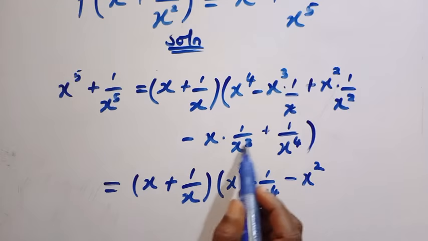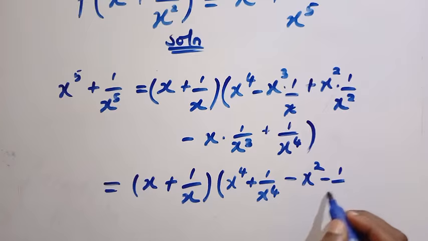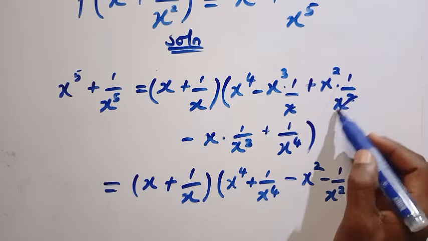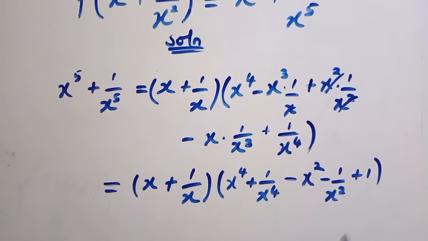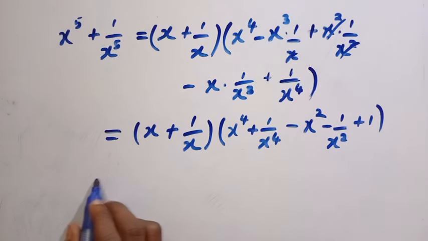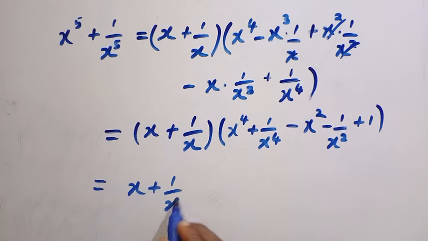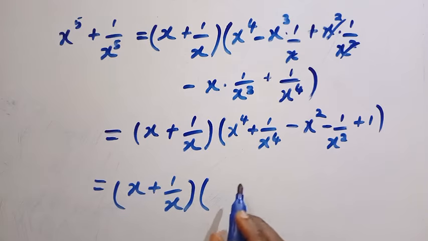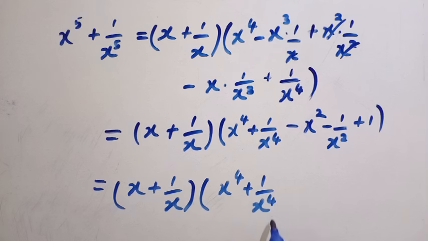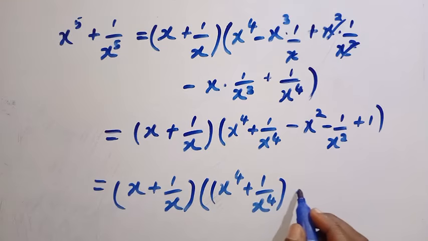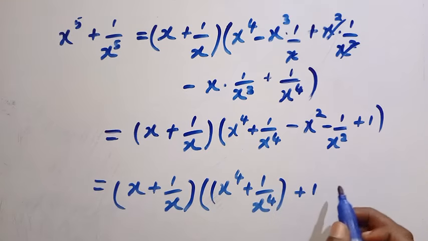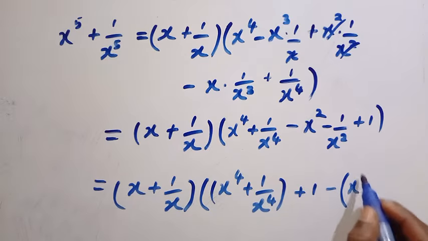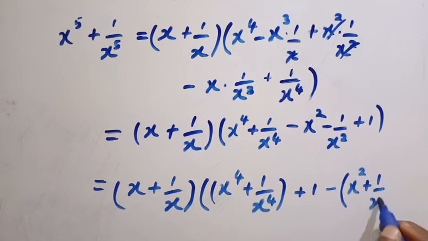And also for this, 1 x cancels 1 x, so we have minus 1/x^2. Then x^2 and 1/x^2 cancel, we have only plus 1. Writing this properly, this equals (x + 1/x) multiplied by (x^4 + 1/x^4 + 1 - (x^2 + 1/x^2)), everything in brackets.